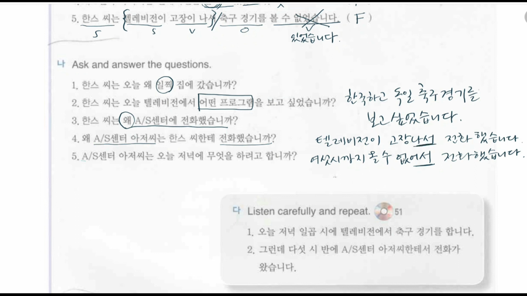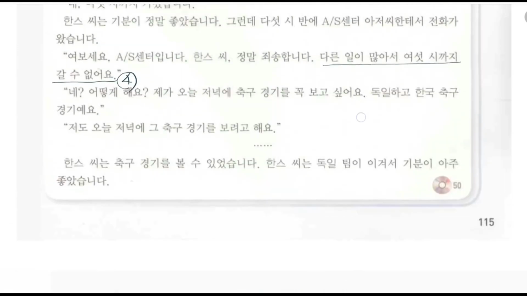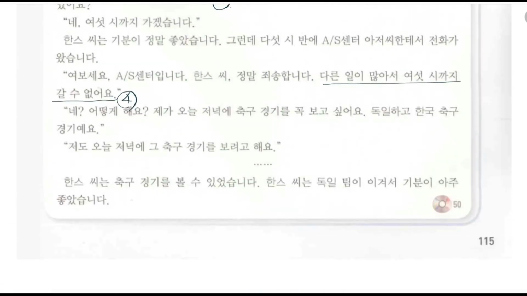5번. AS 센터 아저씨는 오늘 저녁에 무엇을 하려고 합니까? What does he try to do this evening? 뭐 하려고 해요? What did he say? 저도 오늘 저녁에 그 축구 경기를 보려고 해요.